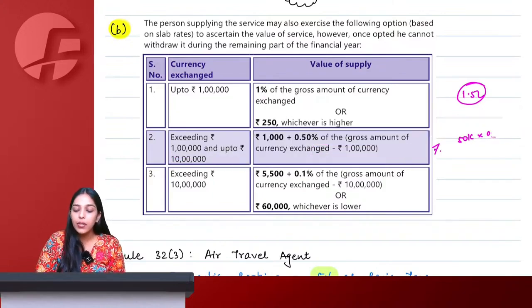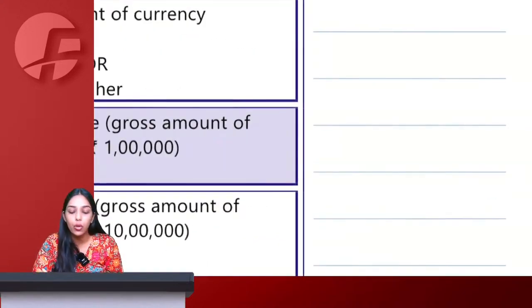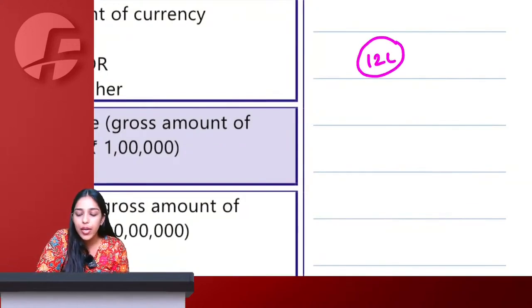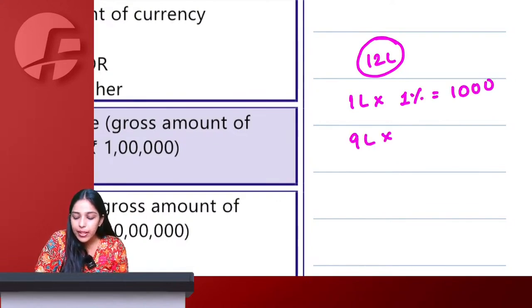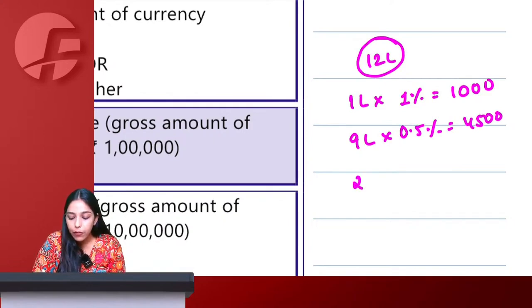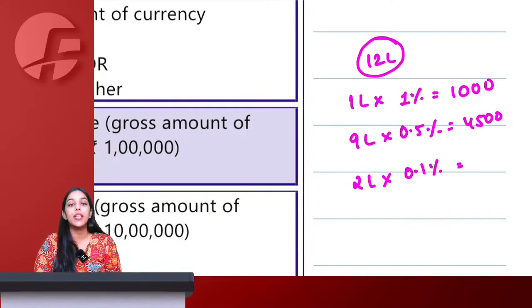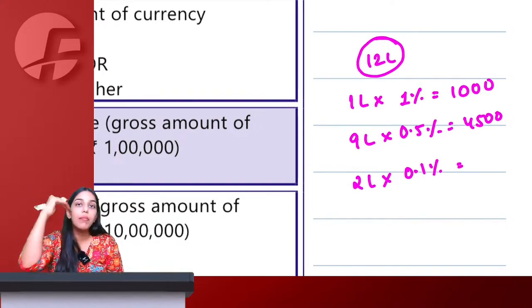But ma'am, what if the amount is greater than 10 lakh rupees? Let us say I want to exchange 12 lakh rupees. Then for the first 1 lakh, 1% is fixed, which is 1,000. For the remaining 9 lakh, 0.5% is 4,500. And for the remaining 2 lakh, we take 0.1%. For anything over and above 10 lakh rupees, we take 0.1%.